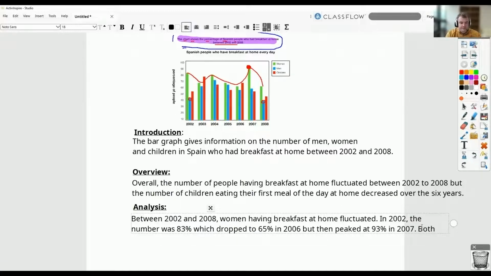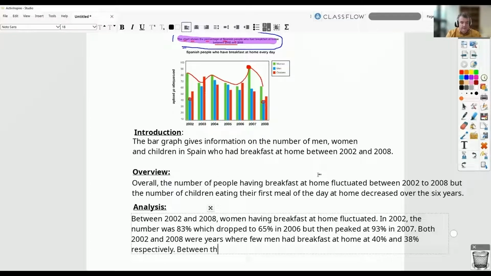So both 2002 and 2008 were years where few men had breakfast at home. And then what can we say? 40% and, I don't know, 38% respectively.